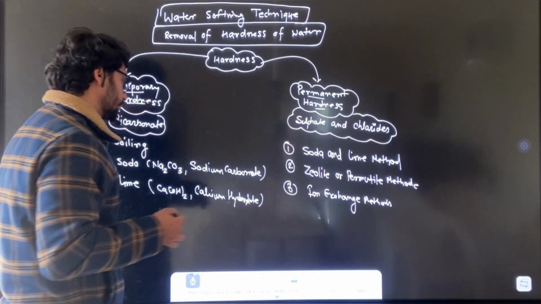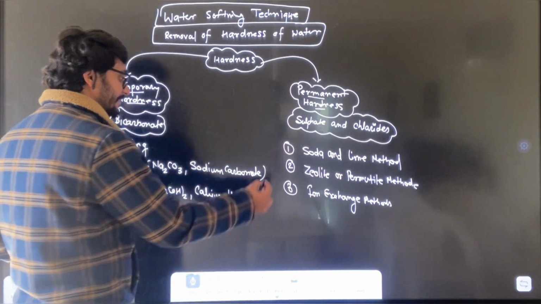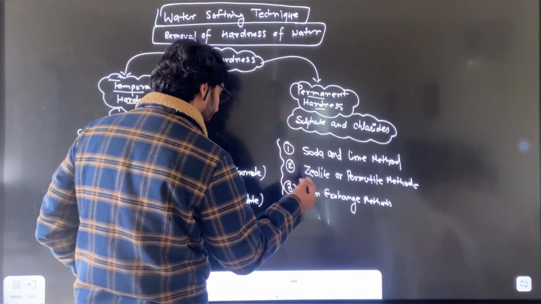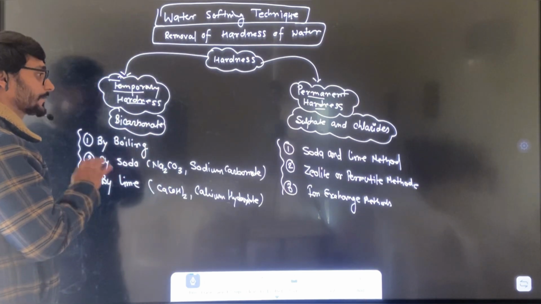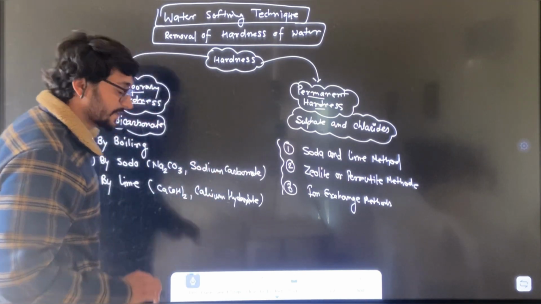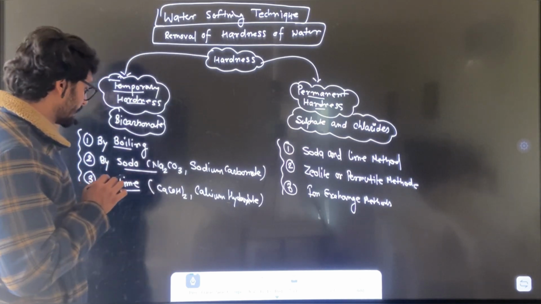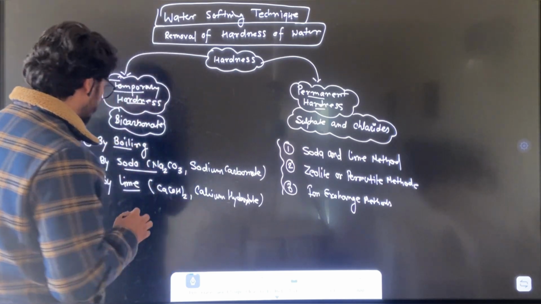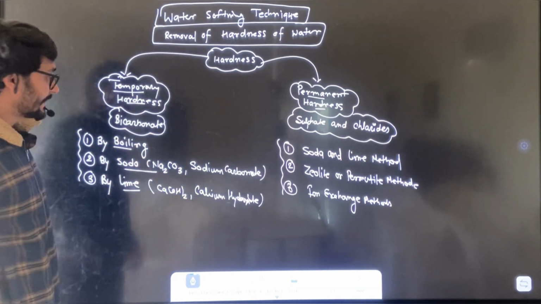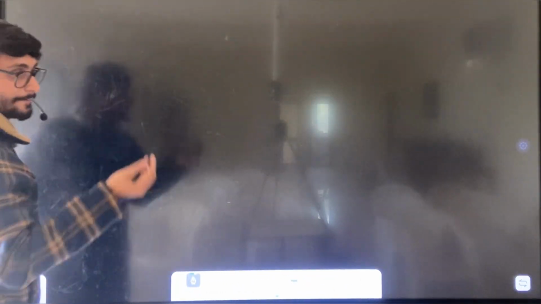Obviously, the boiling, soda and lime methods can be used for temporary hardness, but not for permanent hardness. So let's start with boiling for temporary hardness. Our next topic is how to remove temporary hardness of water.